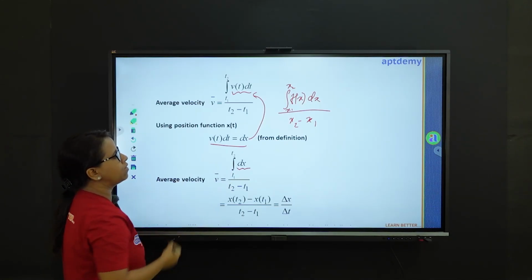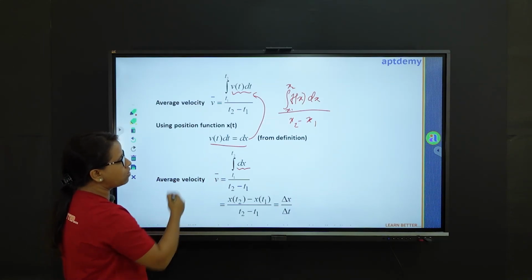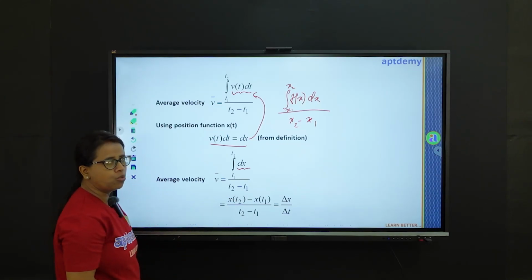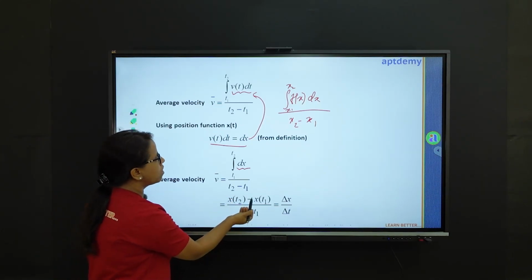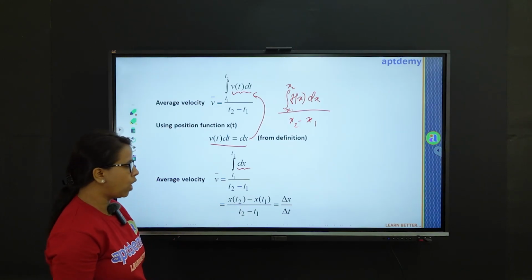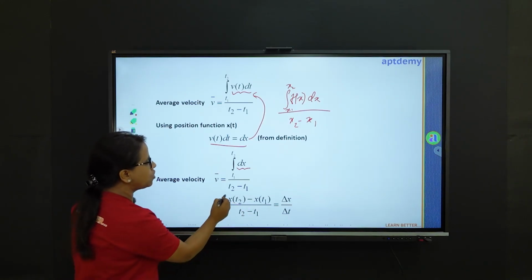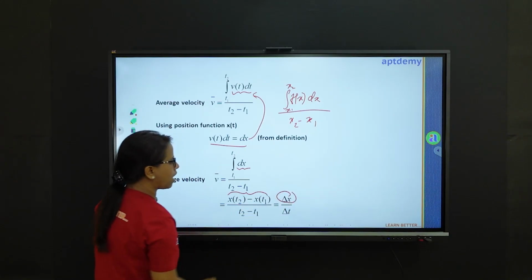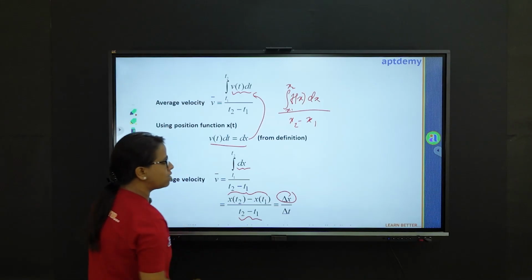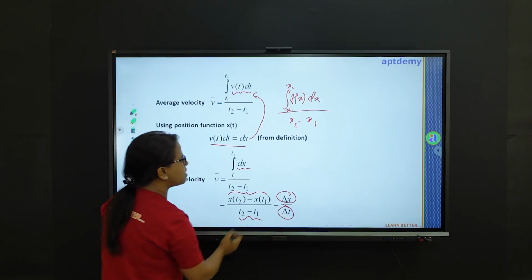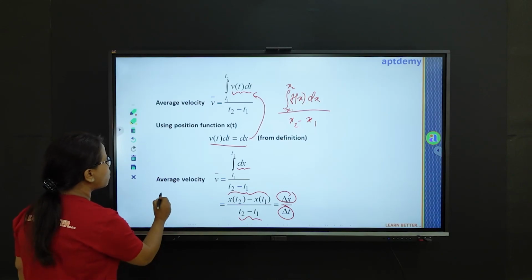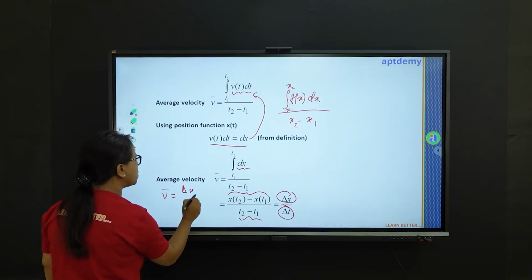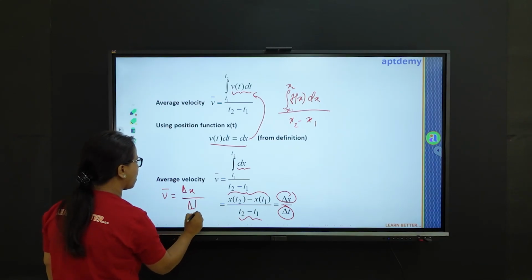When we integrate dx from time t1 to t2, it is nothing but the position at time t2 minus the position at t1. This is the change in position of the particle, which we represent by delta x, and this is the change in time, delta t. So we get average velocity v bar as equal to the change in displacement over the change in time.